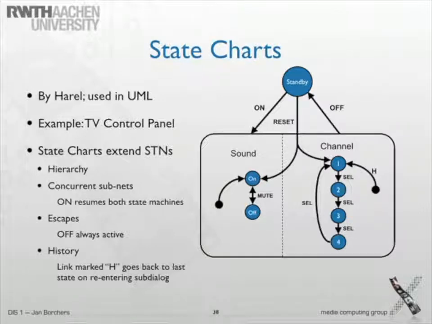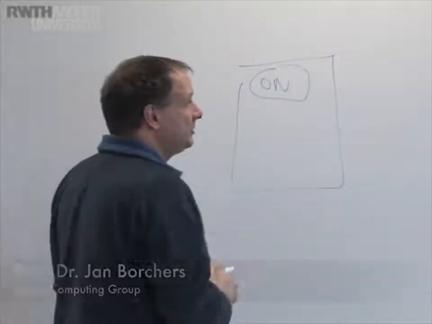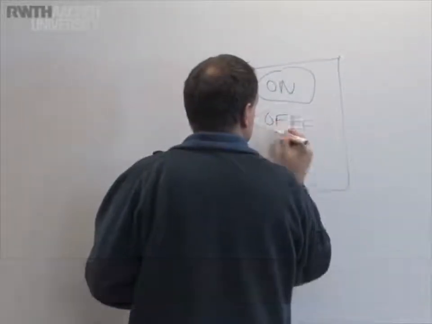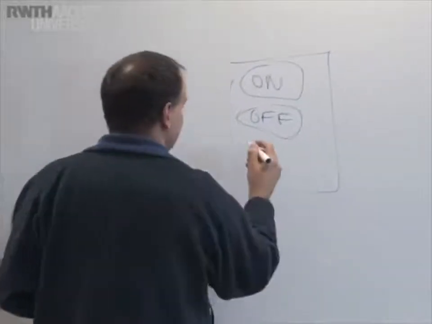I use an example here of a simple TV control panel. This is an extremely simple TV control. It basically looks like this. It has a button that says on. It has a button that says off. It has a button that says reset.